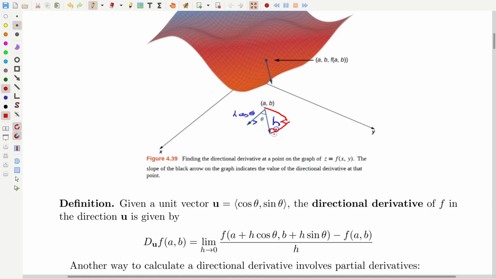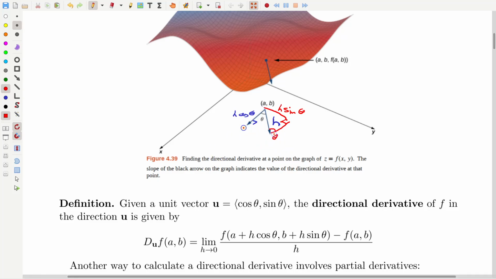So this is the angle theta, and this is the side h. This is the side we're after, so that's the opposite side. That makes it that this will have length h sine of theta, because opposite over hypotenuse is equal to sine of the angle, and the angle here is theta.